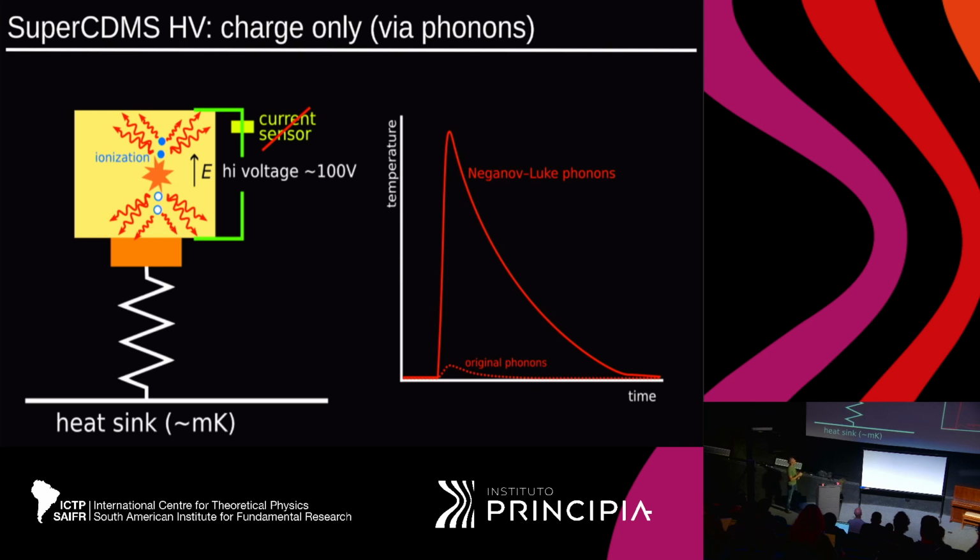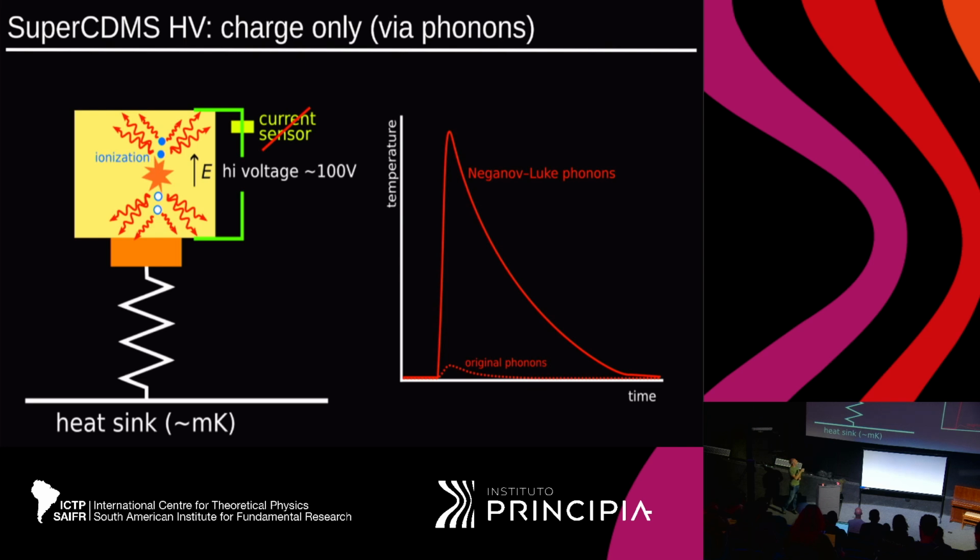So the trick here is something slightly counterintuitive: you accelerate these things by applying a high voltage. When you do that, your sensitivity to actually seeing the original charge gets completely ruined, so you are not able to see the ionized charge directly using your current sensor, okay?